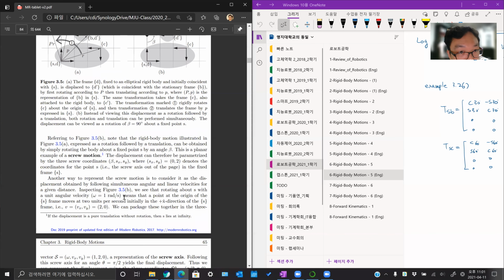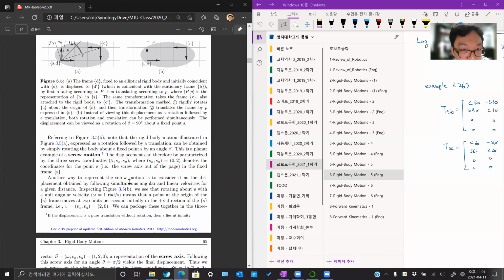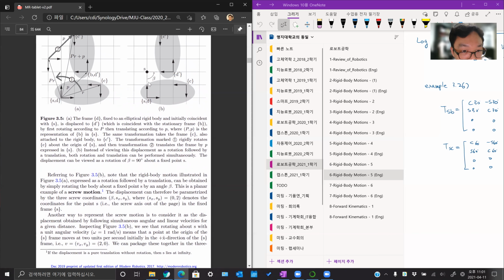So when there is angular velocity here, and if we assume this angular velocity is 1 radian per second, the momentum here from the screw coordinate origin to the S-frame, the momentum is 2.